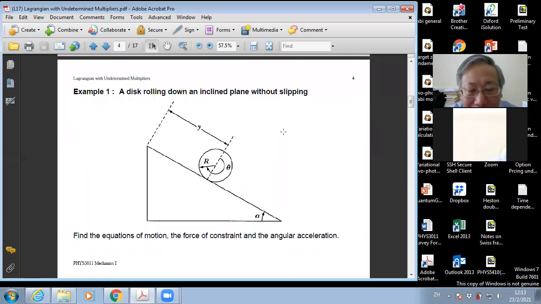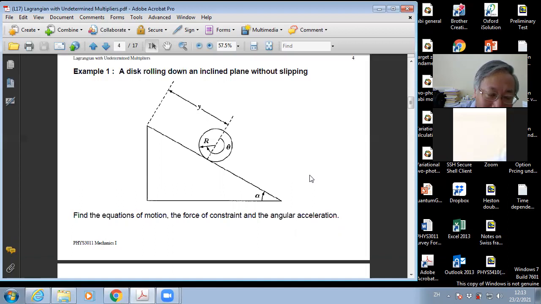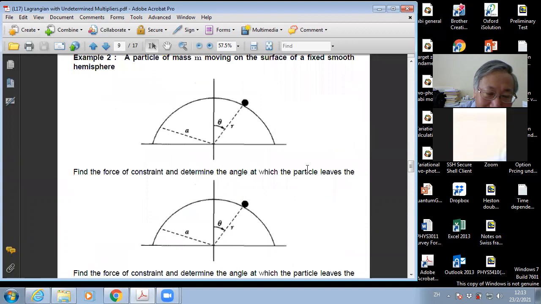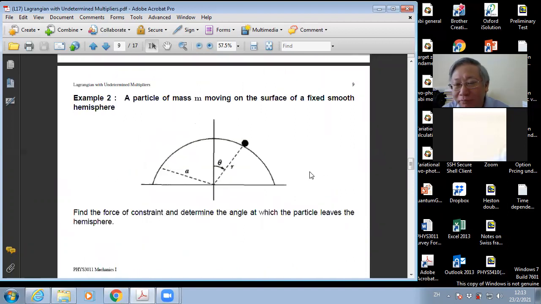Can someone tell us how to solve example 1 and example 2 using the Newtonian mechanics method? Can anyone volunteer to teach us?